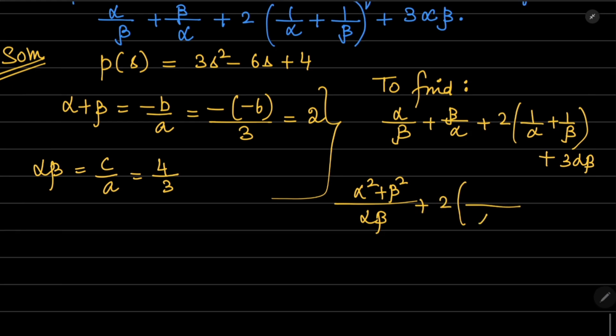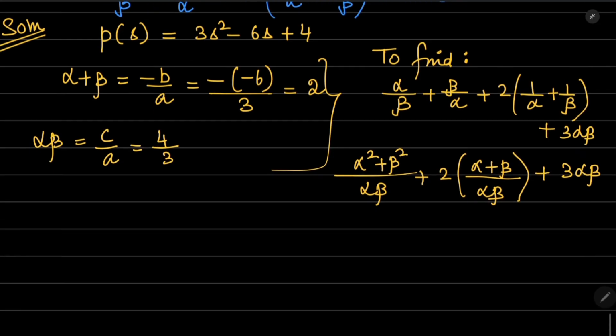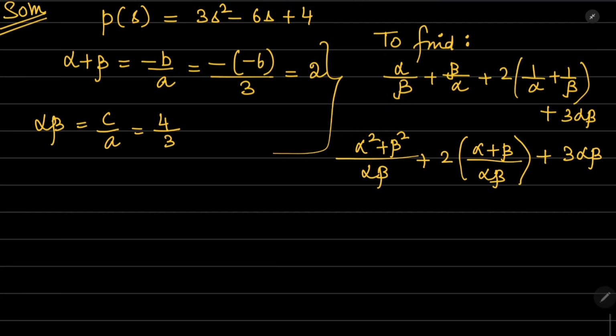Take the LCM. LCM is alpha beta. So here, what I'm doing is this one: 1 by alpha plus 1 by beta. The LCM is alpha beta, so in the numerator you will have alpha plus beta, plus 3 alpha beta. Now, I just told you the formula for alpha square plus beta square in the previous question.